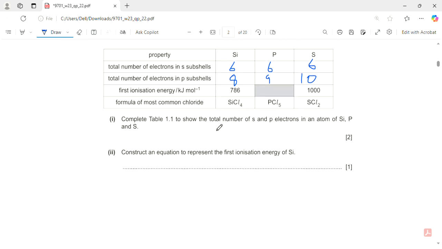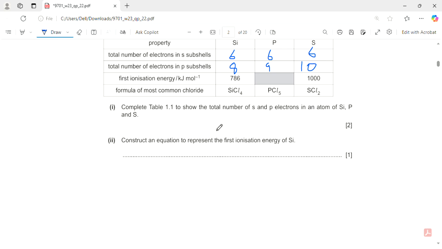Construct an equation to represent the first ionization of silicon.